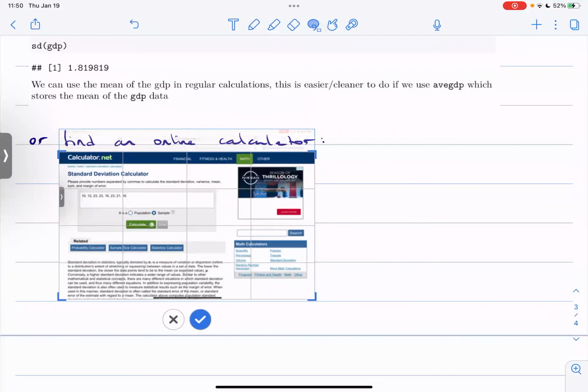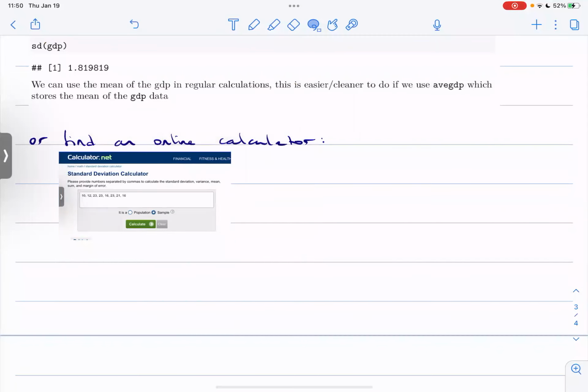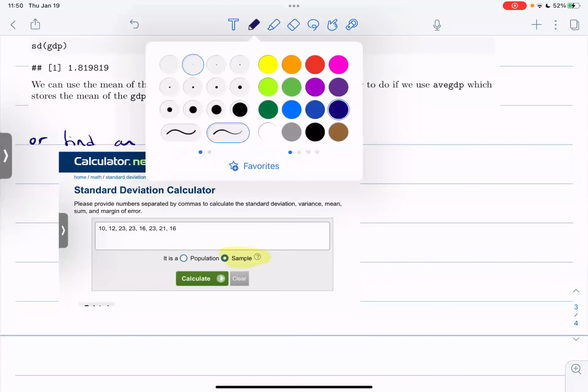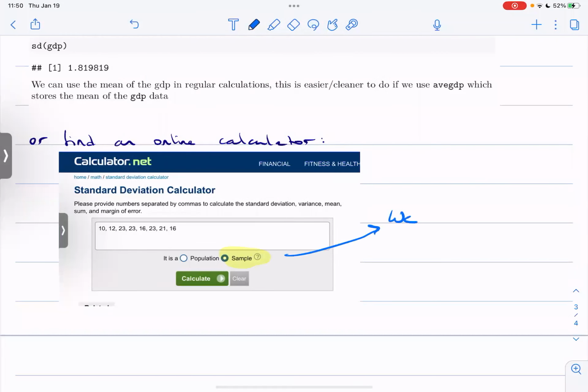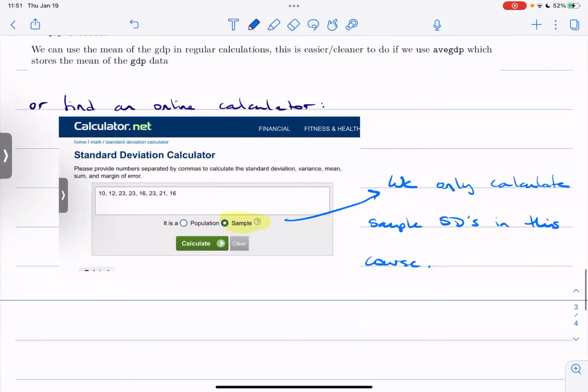Kind of crop the things that we maybe don't need right now. All right, and just be sure to set it to sample. We only calculate sample standard deviations in this class. So then you would enter your data, find it, use it, move on.